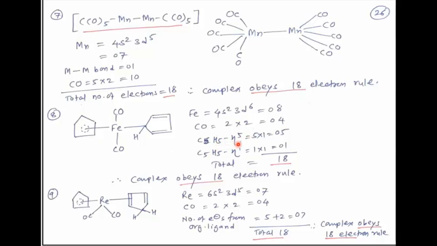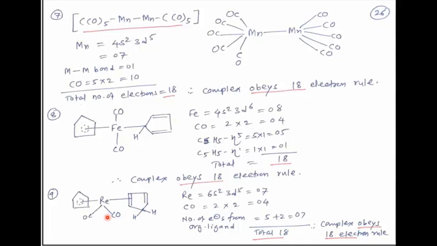C5H5 eta 5, 1 in number, donates 5 electrons. C5H5 eta 1, 1 in number, donates 1 electron. So total 8 plus 4 plus 5 plus 1, it becomes 18. This complex also obeys the 18 electron rule.